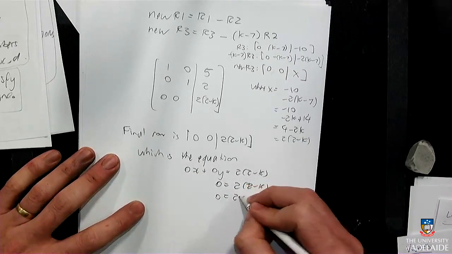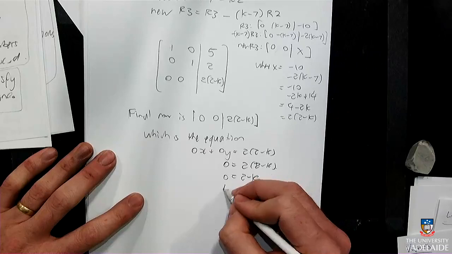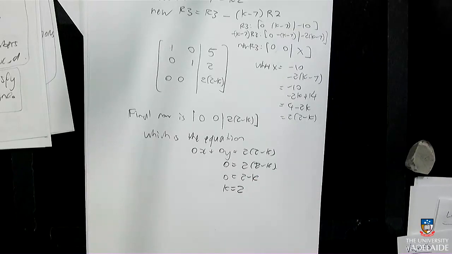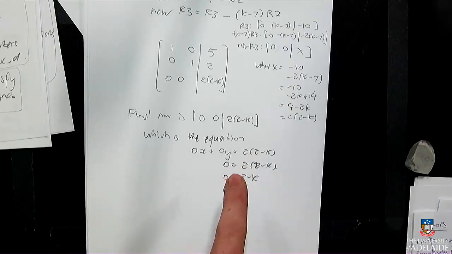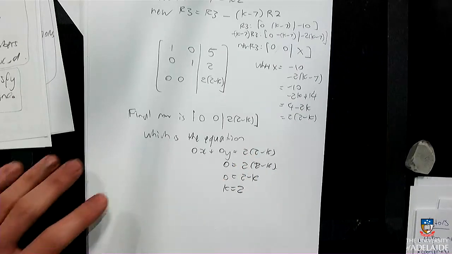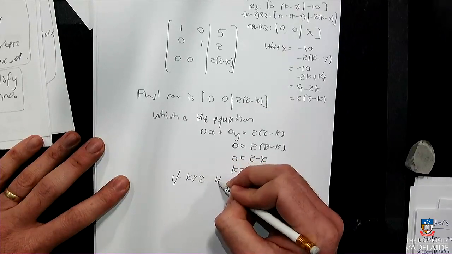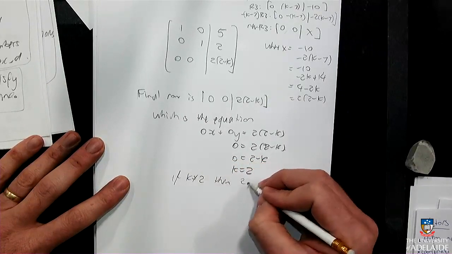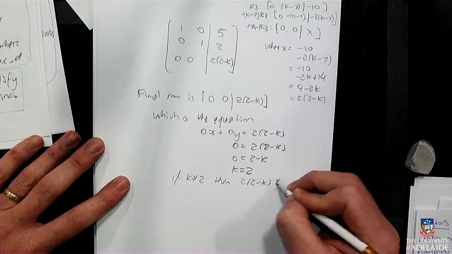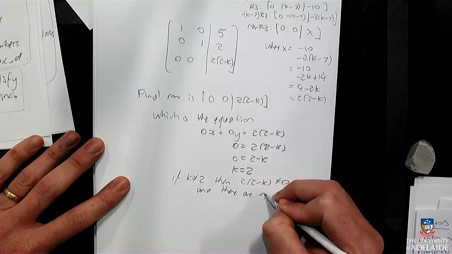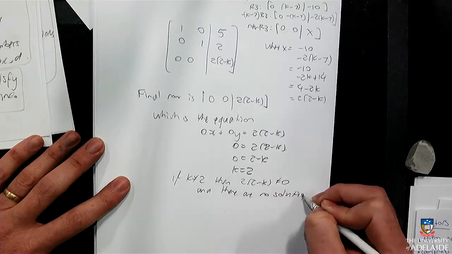So 0 is 2 minus k when I divide by 2, and so k has to be 2. So if k is anything other than 2, there won't be any solutions. If k is not 2, then 2 minus k is not 0, and there are no solutions.